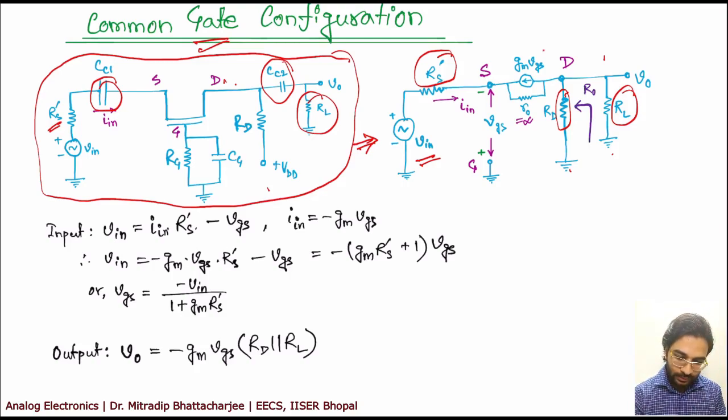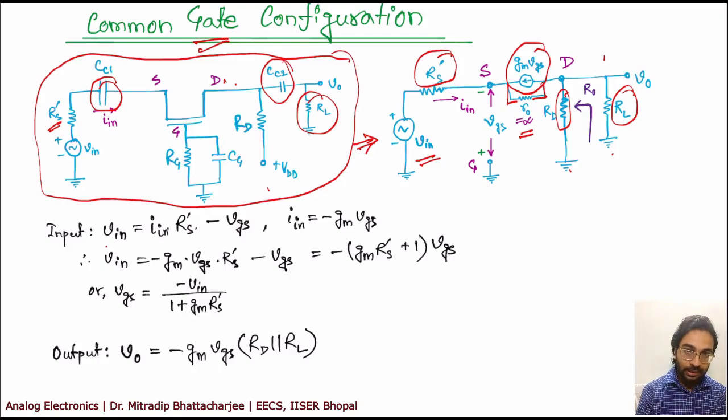And you have the GM VGS term over here, and this is the output resistance of the MOSFET. So I have considered this infinite for the sake of simplicity.